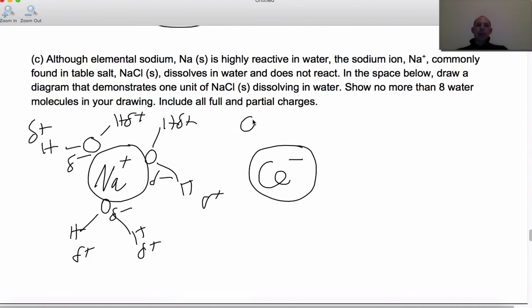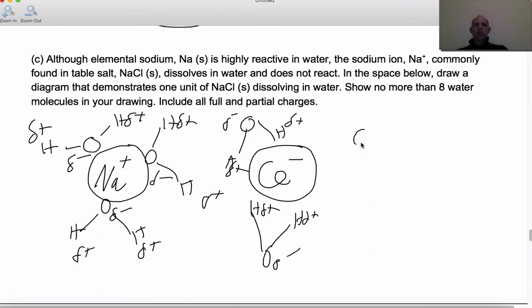And it's going to be the opposite on this side because of Coulomb's law. Now this is governed by Coulomb's law.